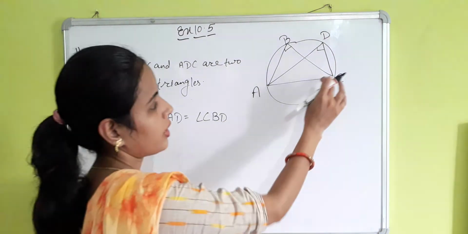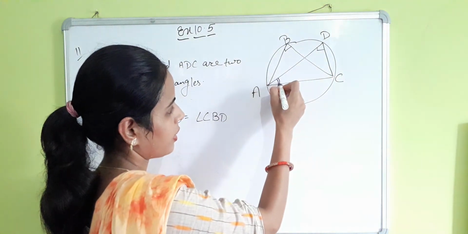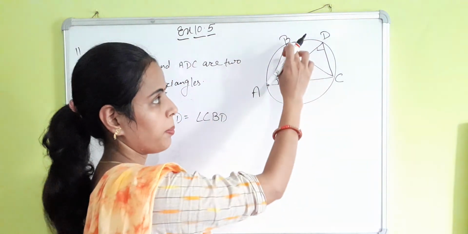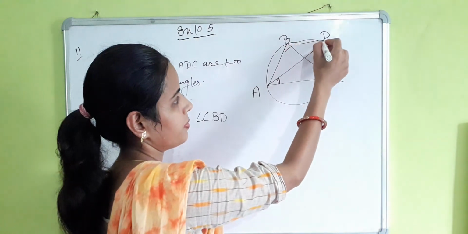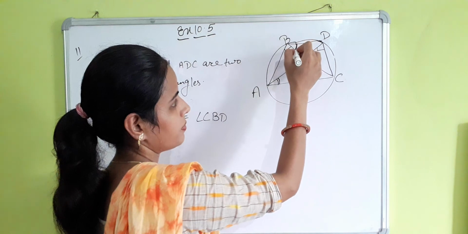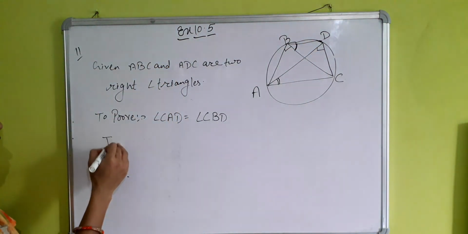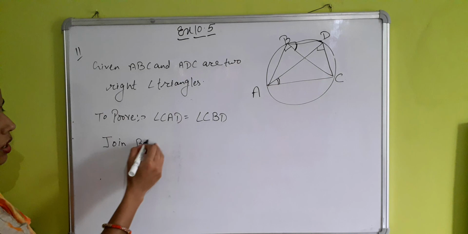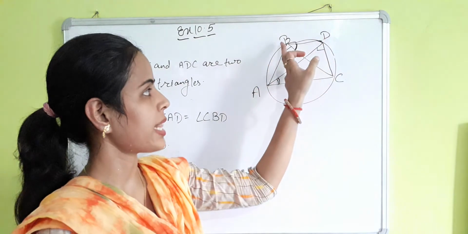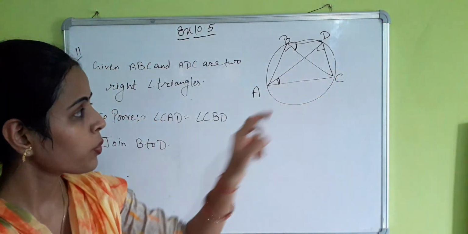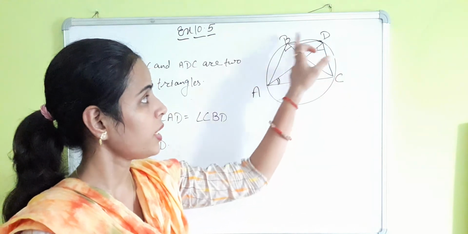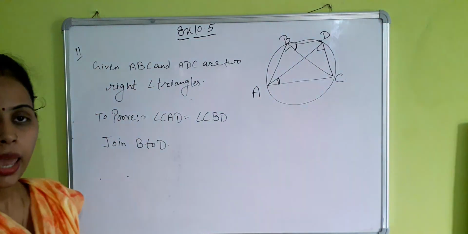Angle CAD, this angle, equals angle CBD, this angle. Join B to D. Join this line B and D. You have to prove that this angle CAD and angle CBD are two equal angles.